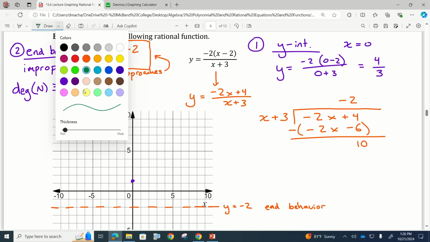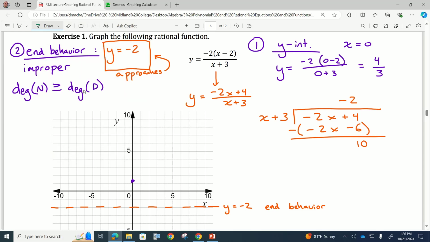And we're ready to move on to step number 3. And step number 3 says I want to factor this, right? But it's already factored. That's good.